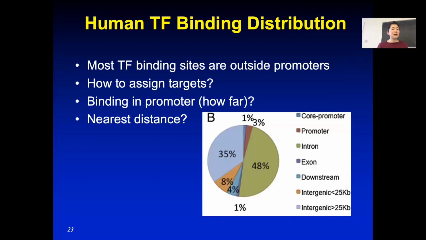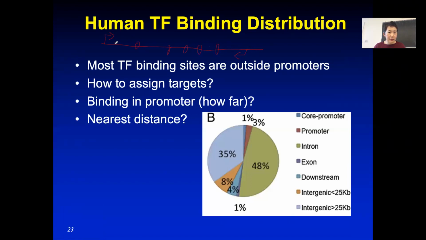And there are also approaches that say, okay, for each peak, I'm just going to assign it to the nearest gene. You count the distance from this peak to the transcription start site. Usually, if it appears in the intron, it doesn't necessarily just bind to the gene. For example, let's look at this case. If you have a gene that's really far, and the transcription start site is right here, and there is another gene that's going in this direction, and so supposedly these are the exons, right?